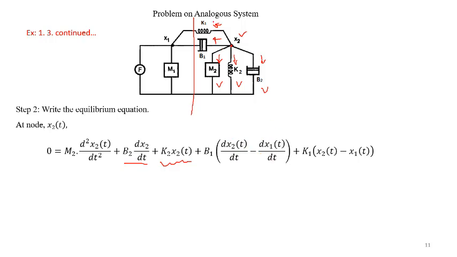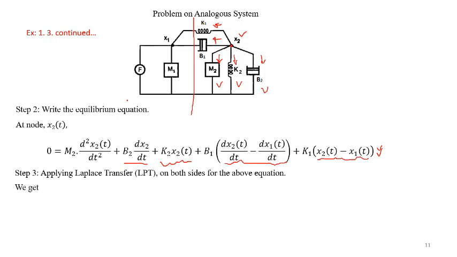Next we have the element k1 into x2 of t minus x1 of t. So this is equation number 2. The previous one is the first equation, the differential equation considered at node x1. This is the differential equation considered at node x2.